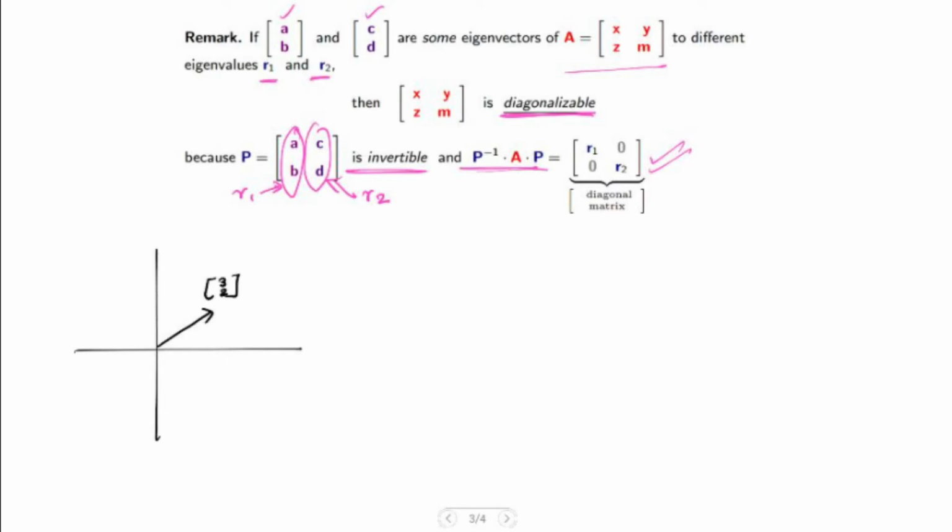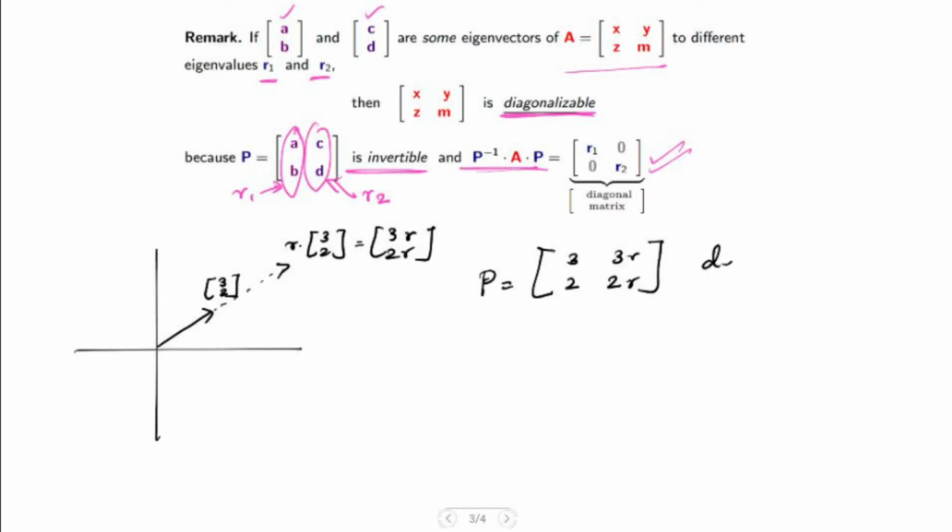If you have one more eigenvector on the same line, let's say it is R times (3, 2), which is (3R, 2R). In that case your P will be (3, 2) and (3R, 2R). To find the P inverse, we first need the determinant of this matrix. So what would be the determinant of P? It would be 3 times 2R, that's 6R, minus 2 times 3R, 6R, and that is equal to 0.